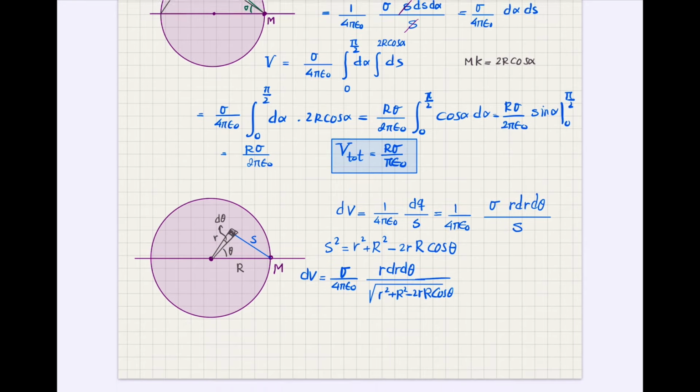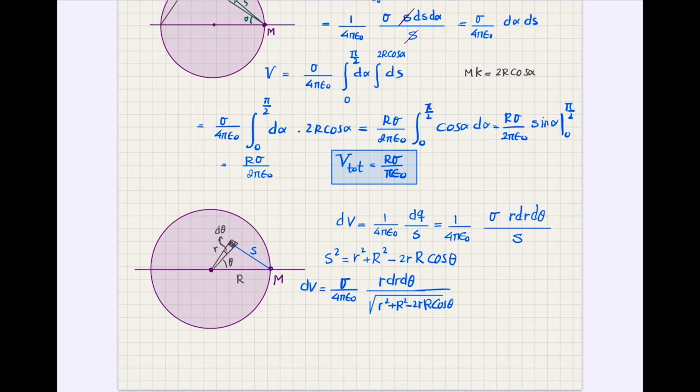And if I want to continue and find V, here of course you can use symmetry. To solve that integral at the end I will use symmetry, but let me just write it like this.